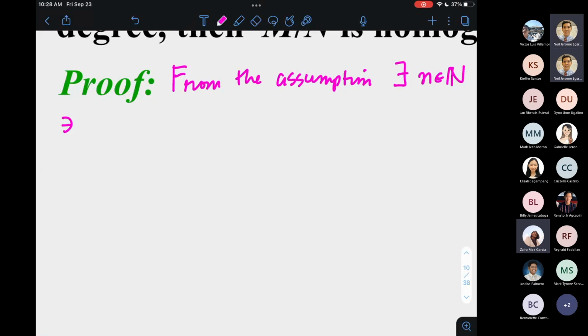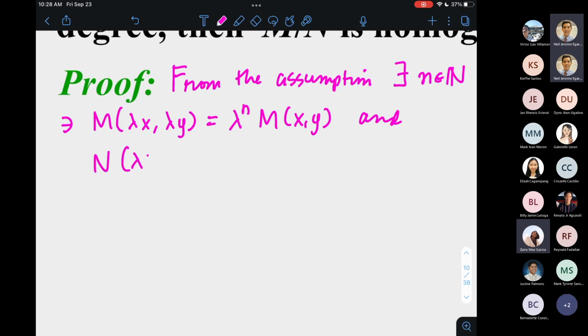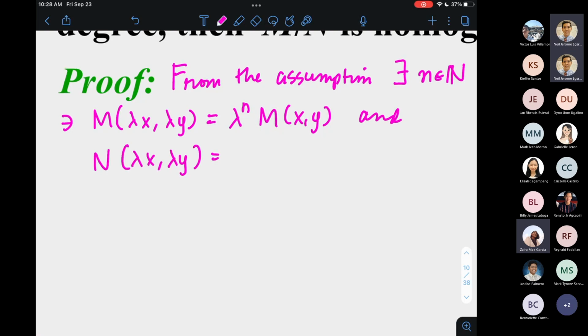Apply natin yung definition. So such that m of lambda x, lambda y, ay equal kay lambda to the power n ng m of x, y, and n of lambda x, lambda y, ay equal kay lambda to the power n ng n of x, y, for all lambda, x, and y in R.